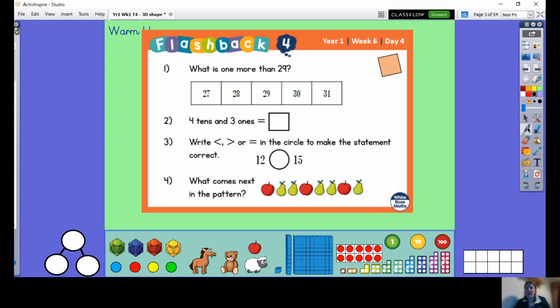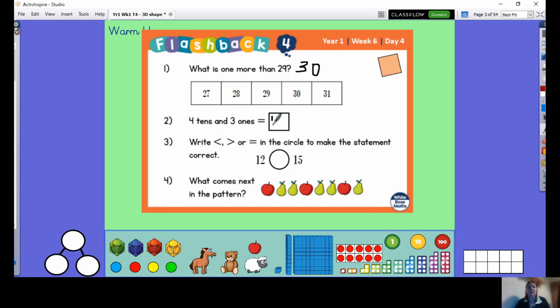So I'm hoping that you looked at the number line here and you went 1 more than 29 is 30. We've got 4 10s and 3 1s. What's 4 10s is 40 and 3 1s is 3. So we write the 4 10s and 3 1s, 43.